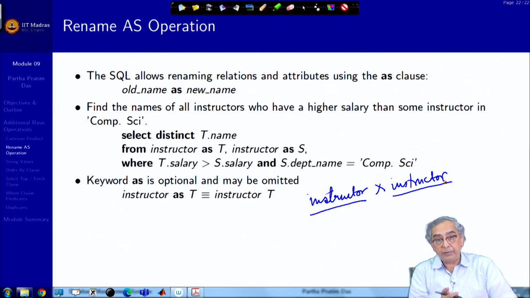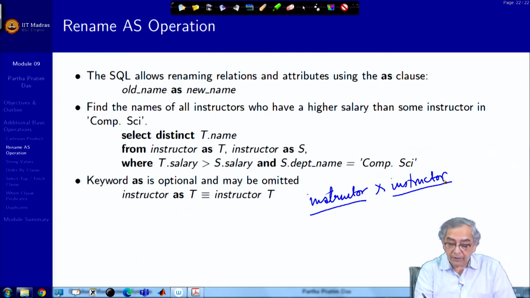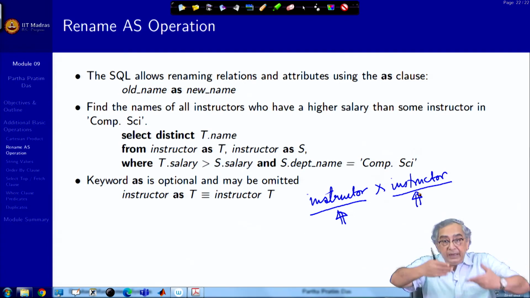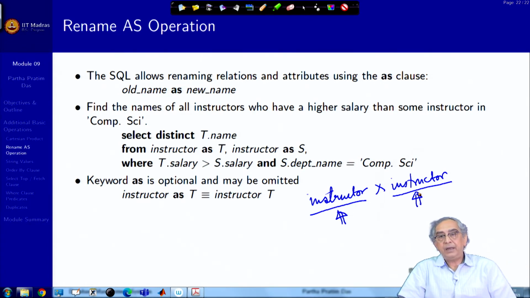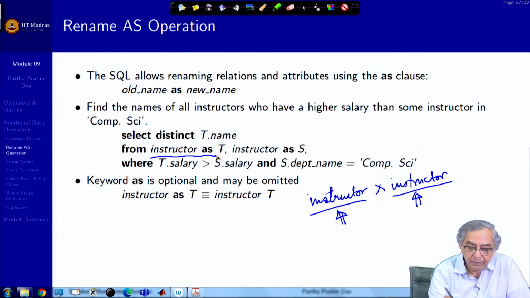So, this is one problem. The second problem is, if I want to put some condition between the attributes of this instance of the instructor table and the same instance of the instructor table, that is, if I want to do the operation within a single table, I will not be able to specify, because which one am I talking of, the left one or the right one. So, what we can do is something very simple.